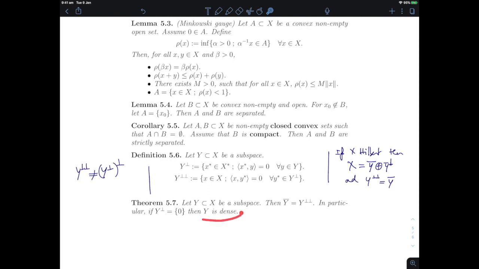So this is a way to test for the density of certain subspaces. Very often in applications of functional analysis to partial differential equations, in particular, just think of something like Fourier series in L2, for instance. You want to know that certain spaces are dense, right?